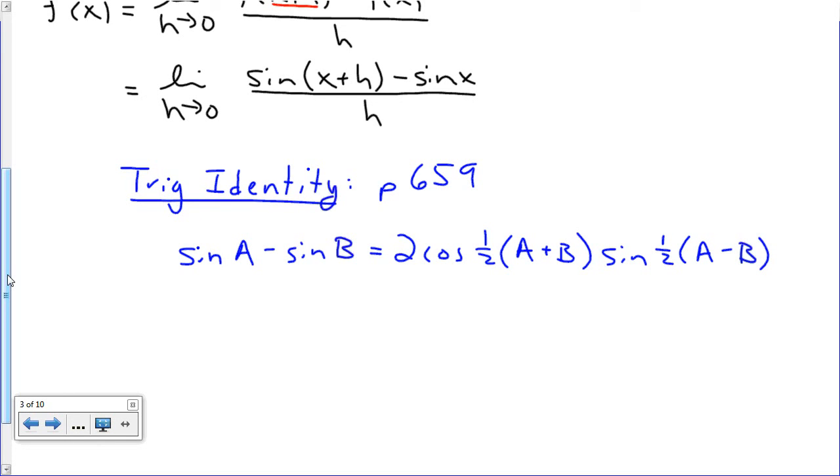Going back to where we left off, I'm just going to draw an arrow here to indicate we're going to continue on from there. This was just a little side note for us.